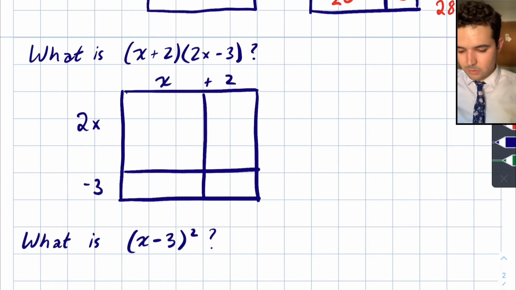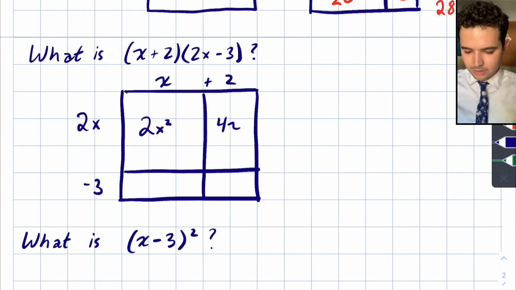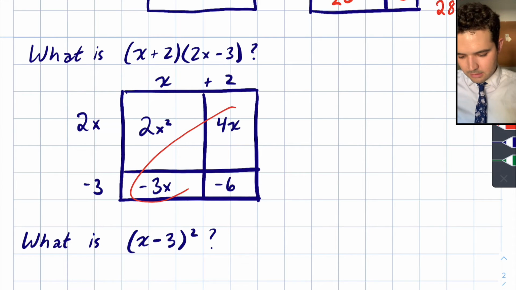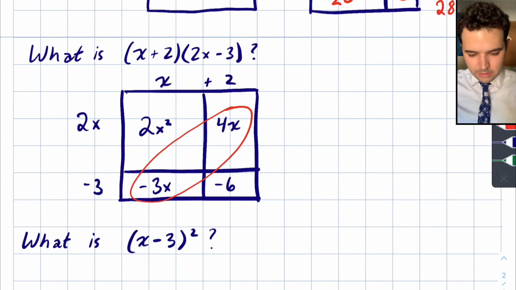And this gives me one rectangle with an area of 2x squared, one with an area of 4x. To get that, I did 2 times 2x, those two sides of my rectangle. One with an area of negative 3x, and one with an area of negative 6. And combining these two like terms, I'll end up with an area of 2x squared plus x minus 6.